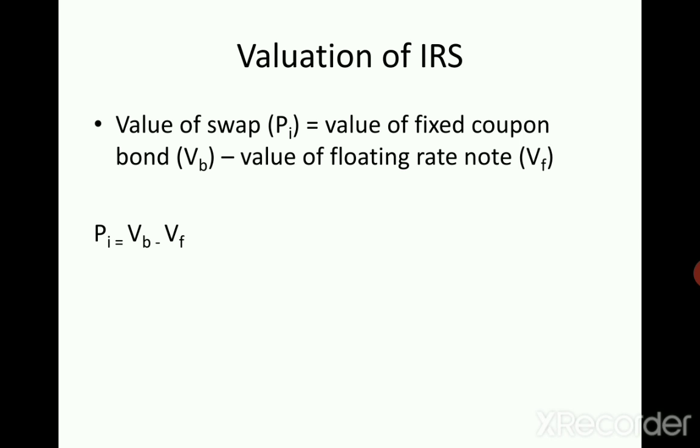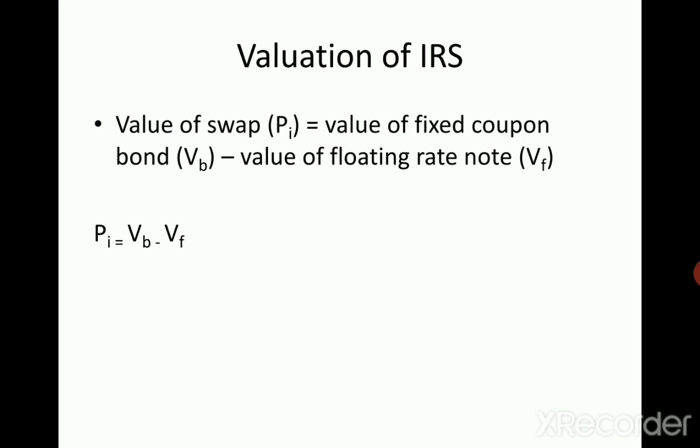So assume that at maturity the fixed rate party and the floating rate party provide each other equal amount of cash. Then the value of swap is nothing but the value of fixed coupon bond minus the floating rate note. So that is what is the point here.